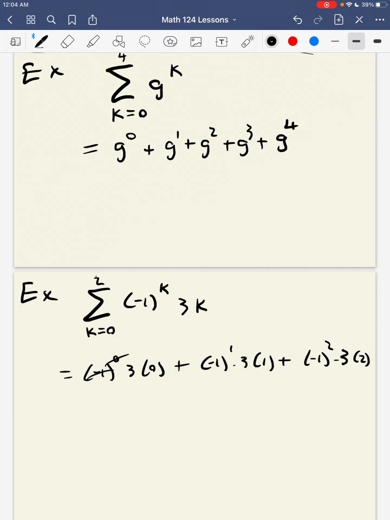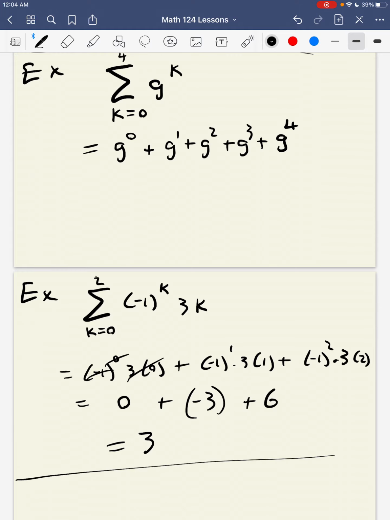Right, so -1 to the 0, that first term just equals 0, second term equals -3, third term equals 6, so we get 6 minus 3. Okay, so hopefully they're not too bad. Just try not to be thrown off by this new symbol, because all it means is just the sum.